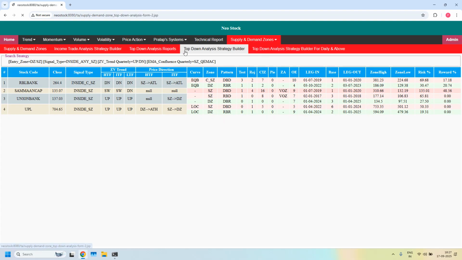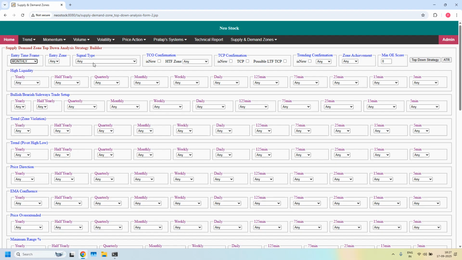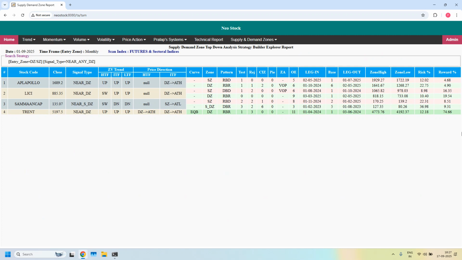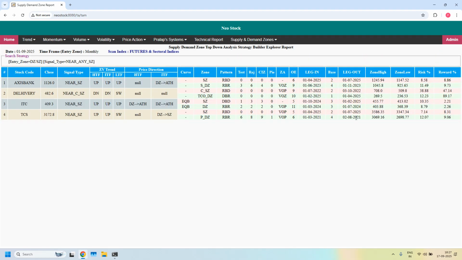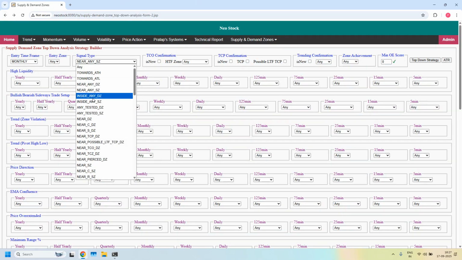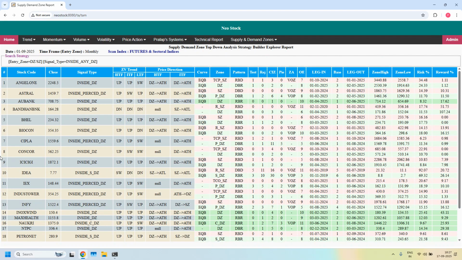Okay, next time frame is monthly. Stocks near monthly demand zone, we got 4 stocks. Next, stocks near the monthly supply zone, we got 4 stocks. Next, price closed inside the monthly demand zone. First 18 stocks in the list.